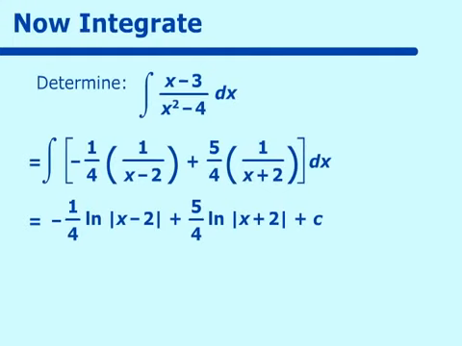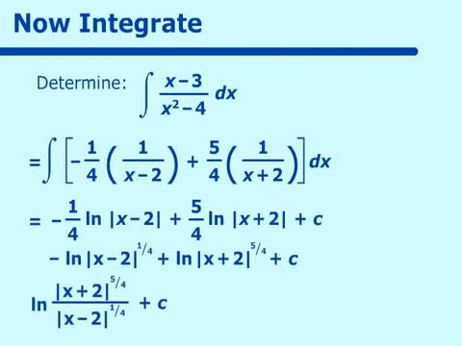We can continue this problem and simplify it a little more and get negative ln of the absolute value of x minus 2 to the 1/4 power plus ln of the absolute value of x plus 2 to the 5/4 power plus c. That goes on to ln of the absolute value of x plus 2 to the 5/4 over absolute value of x minus 2 to the 1/4, plus c.